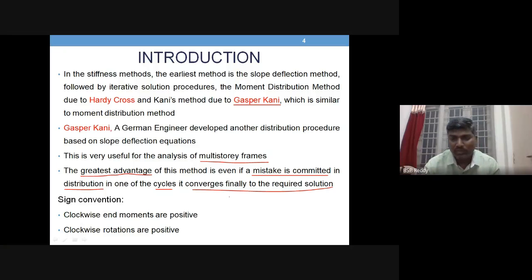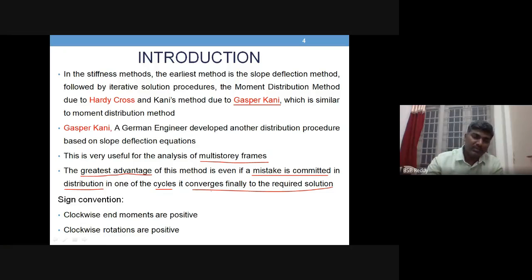You don't need to worry if some value in a particular cycle is posted wrongly. Finally your solution converges to the required value, but it takes a little longer. The number of cycles may increase, but finally you will get the required solution.